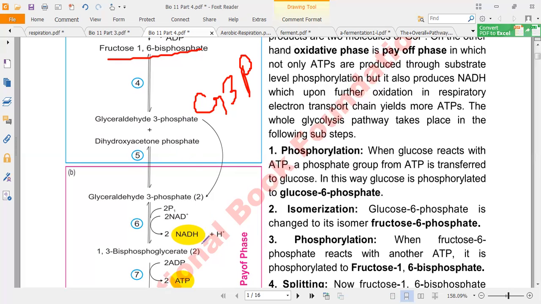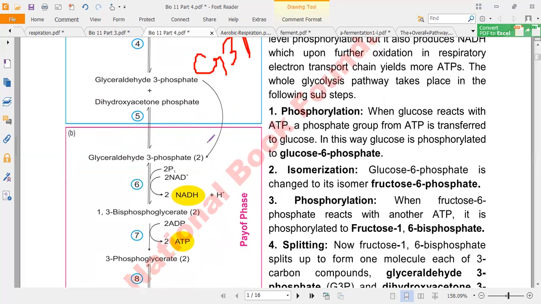So the next process is called the oxidative phase or payoff phase, from step number 5. Here dihydroxyacetone is changeable into glyceraldehyde 3 phosphate.